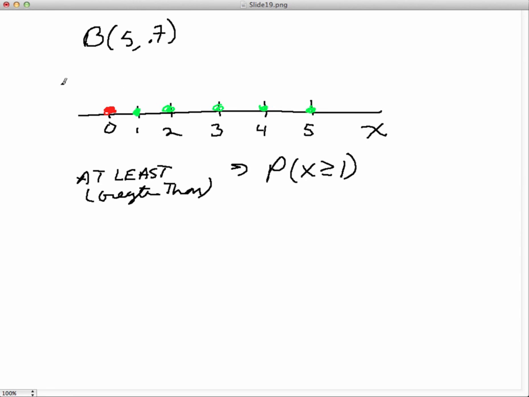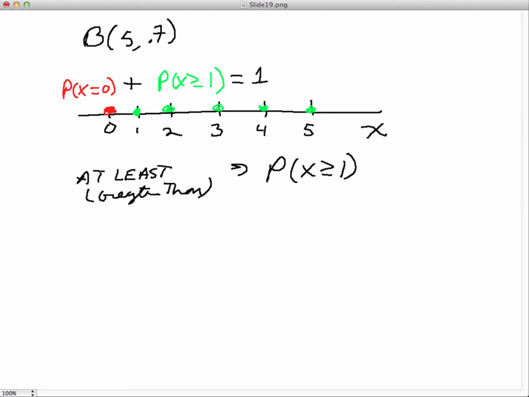So let's take a moment here and write down everything that we've got. This is the probability of x being equal to 0. That's what's in the red. And then in the green here, this is the probability of x being greater than or equal to 1. As we just said in the last problem, we know that the sum of these two has to add up to 1. That's got to be equal to 100% of what we've got, okay?